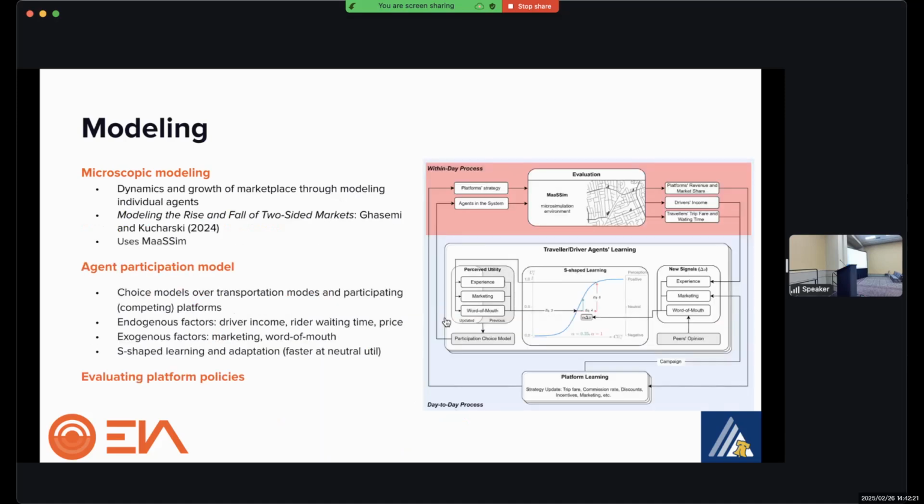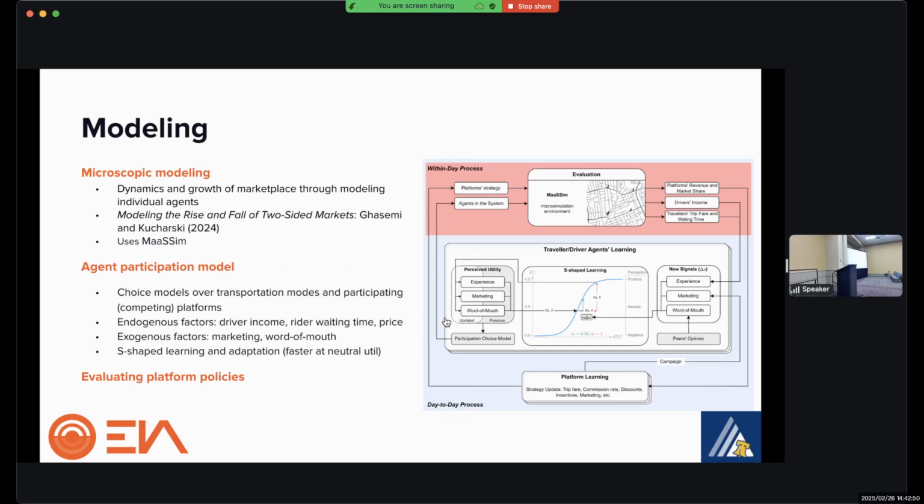The microscopic modeling, in this particular example, tries to study the dynamics of growth of the marketplace through modeling individual agents, and it uses this specific simulation tool called MassSim, which we will also introduce in a later slide.